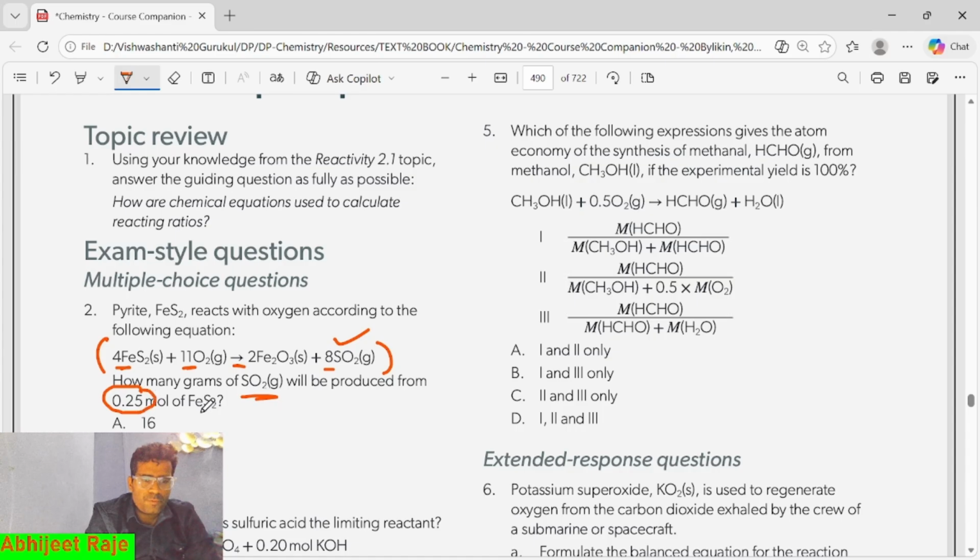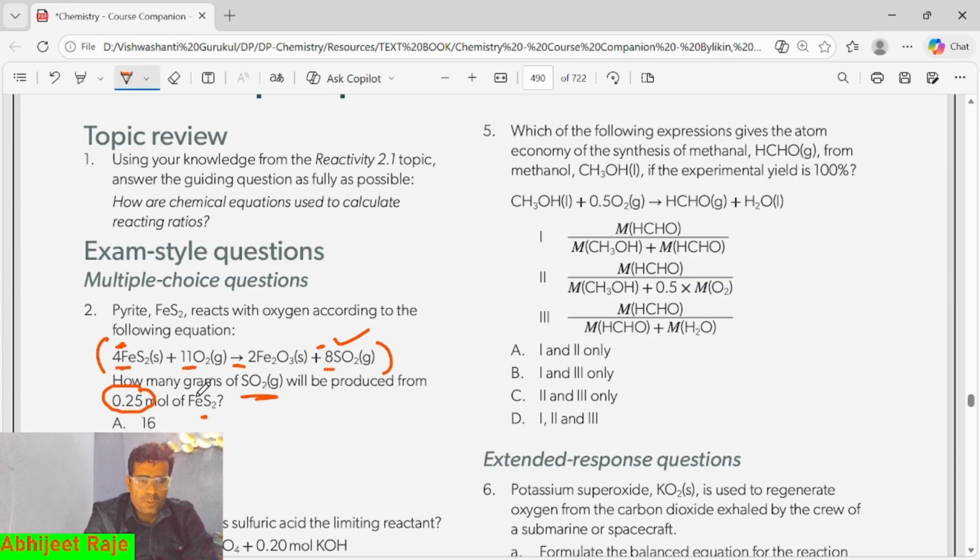0.25 mole of FeS2. Now forget 0.25 mole. Come to the equation. FeS2 is 4 mole, SO2 is 8 mole. So it is double. If this is 1, this is 2. If this is 4, this is 8, right? We have to focus on FeS2 and SO2. Forget the remaining equation.